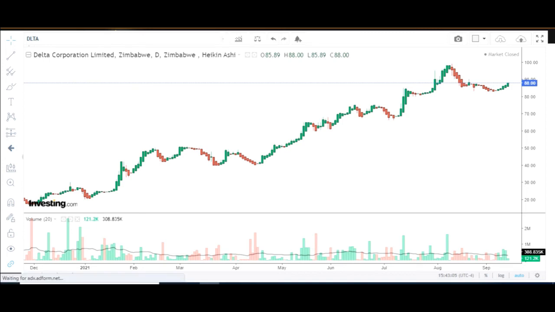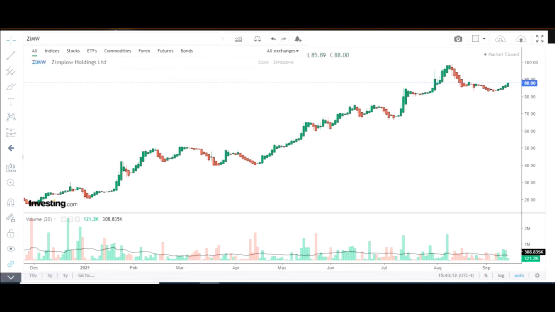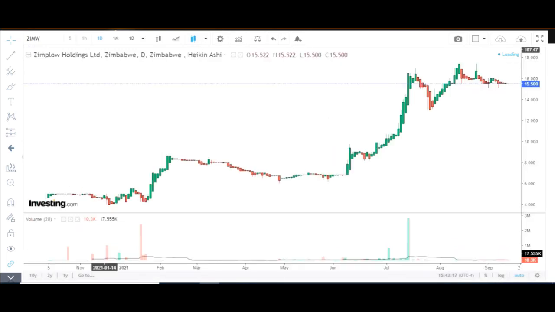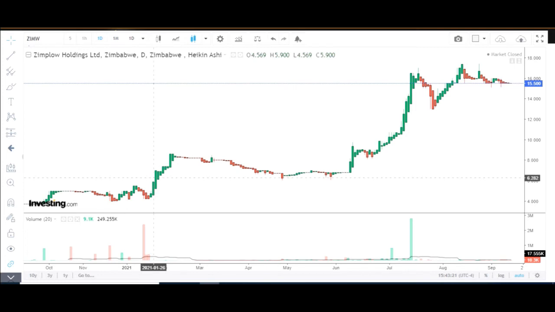And now we take a look at Simplo. I want to see how the chart looks. Yes, the chart also looks good when we are using these candles, and you can quickly see that the price has also moved up from a low of around $4 local dollars in January this year up to the current price of $15, which is a huge positive return.